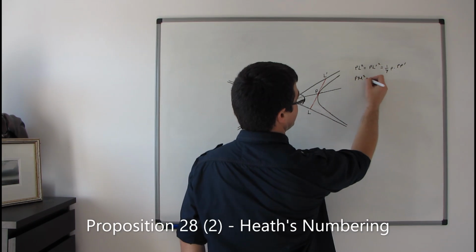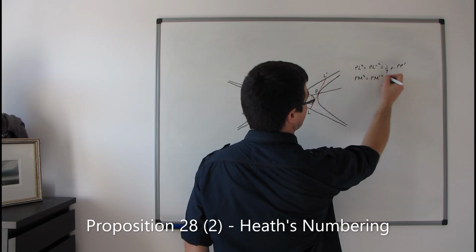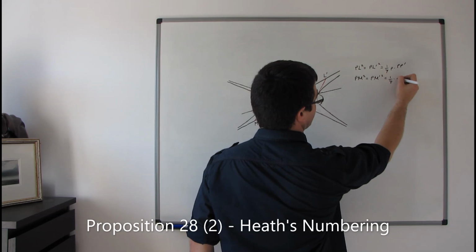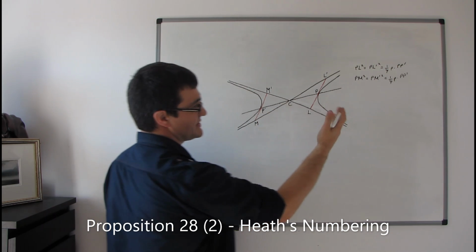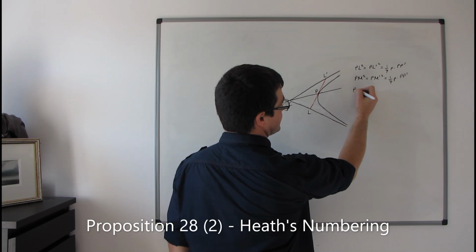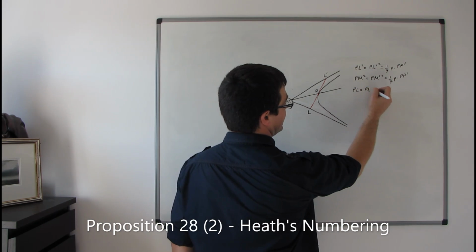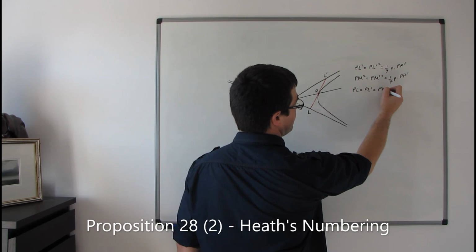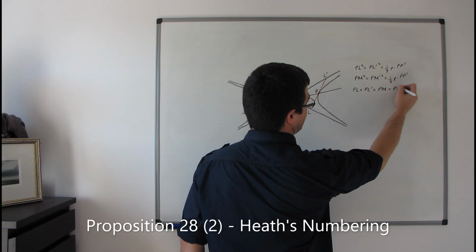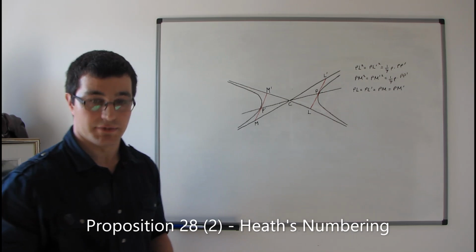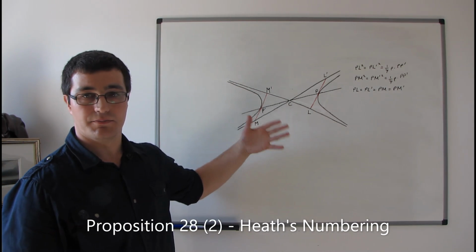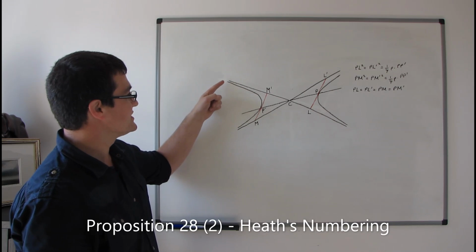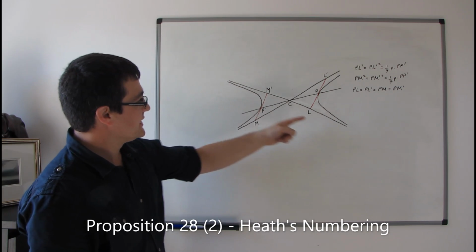So PM squared is equal to PM primed squared, which is also equal to a quarter P times P primed. So from this it follows that PL is equal to PL primed is equal to PM is equal to PM primed.